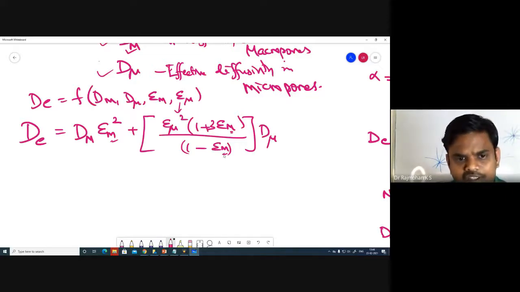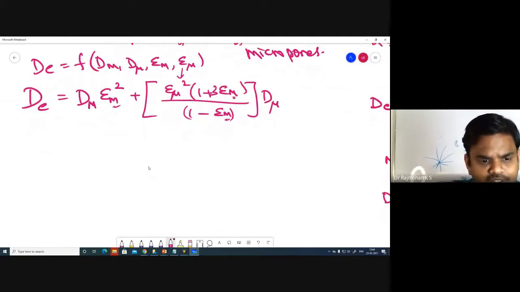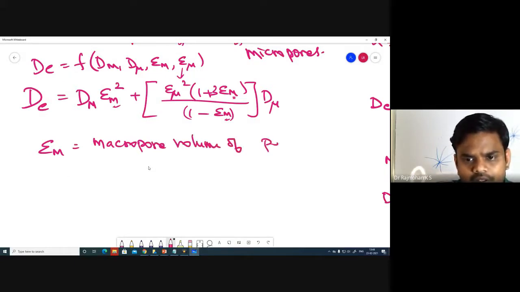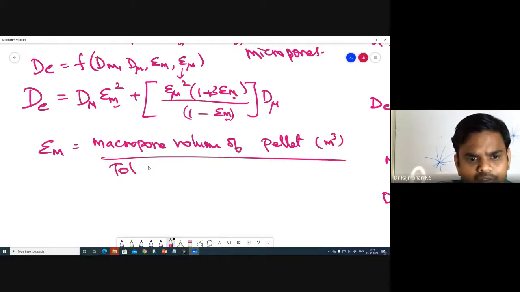So then what is this epsilon m? We have already seen it. Epsilon m is the macropore volume of the pellet, in meter cube, divided by the total volume of the pellet.